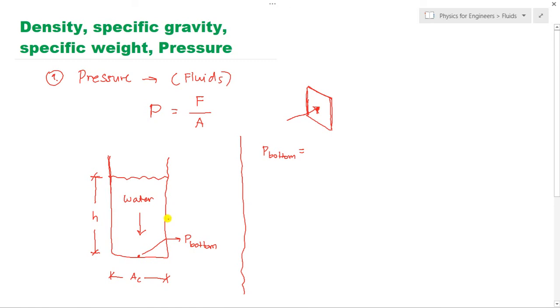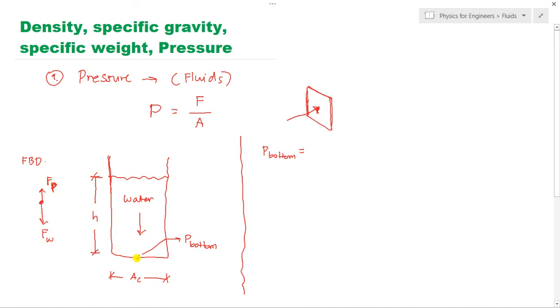Do you agree? The water has a push, a force, here. So if we are to draw the FBD, what happens is that the force exerted by the water, or just the weight of the water, is equal to the force due to the pressure exerted by the tank.